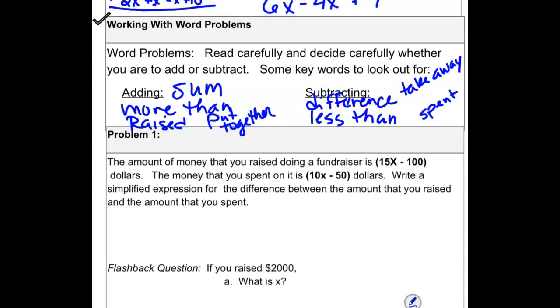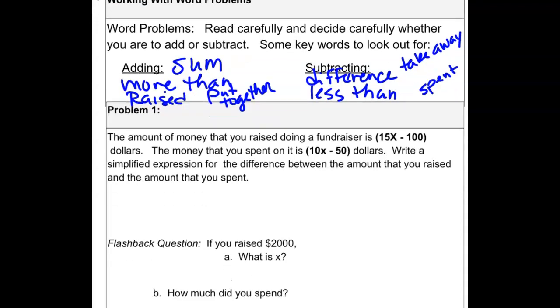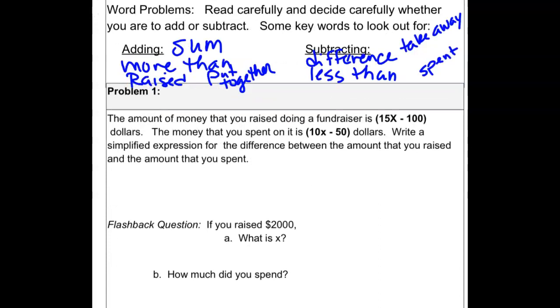All right, so let's look at our first example here. It says the amount of money that you raised doing a fundraiser is represented by 15x minus 100. So we have a linear what? 15x minus 100 is a linear binomial, right?